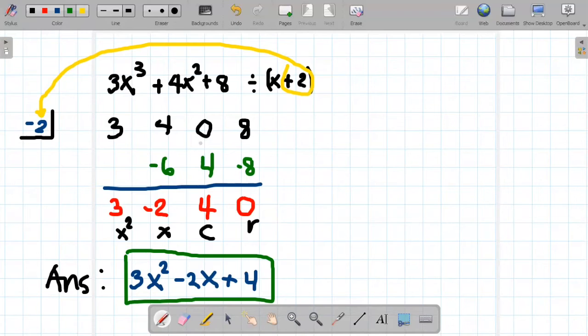In long division we divide and subtract. In synthetic division we multiply and add, because we changed the procedure. Okay? But what if your divisor is not in the format x minus r or x plus r?